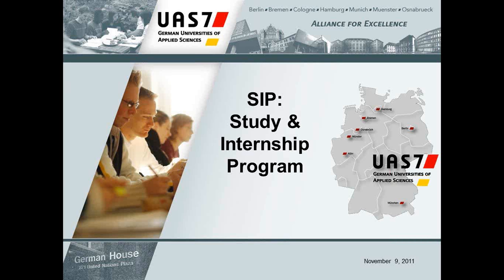Actually, a good deal of Britt's presentation already foreshadows some of the messages I'm going to be emphasizing. But on the other hand, it's also going to be a bit distinct because the organization, as Leslie mentioned, that I represent is 7 German universities of applied sciences.